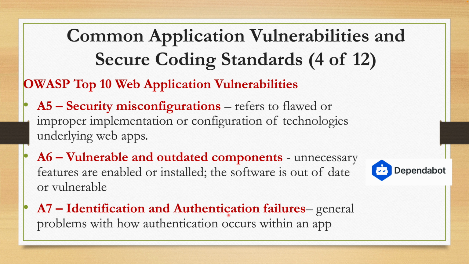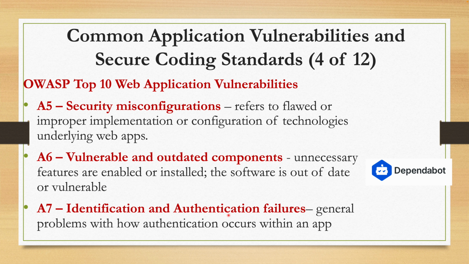You need to implement centralized logging and monitoring tools like Splunk or IBM QRadar as security intelligence. You need to follow the OWASP logging cheat sheet to ensure comprehensive logging of security-relevant events. Enable alerting and incident response mechanisms for anomalies like failed login attempts here.